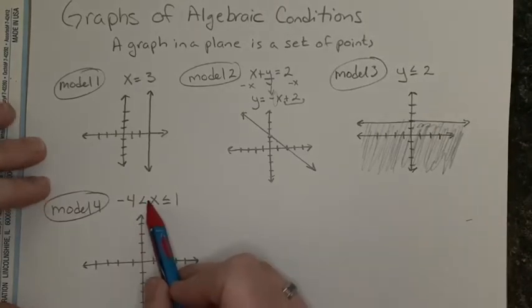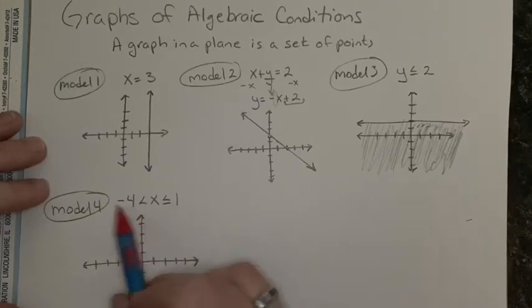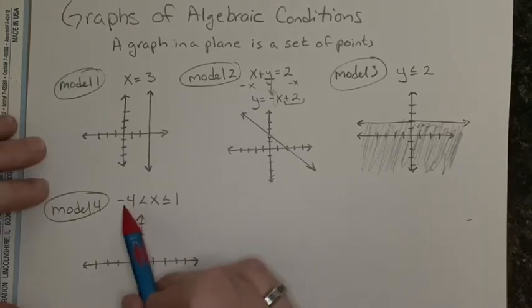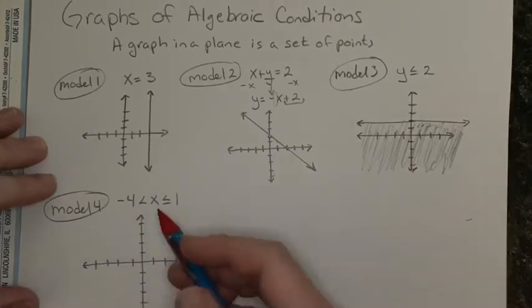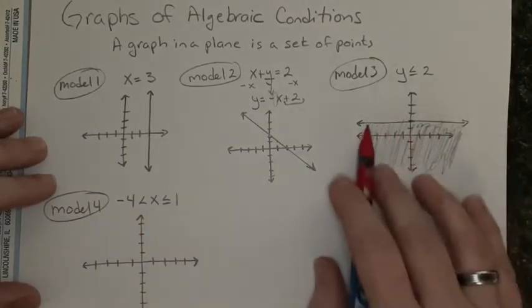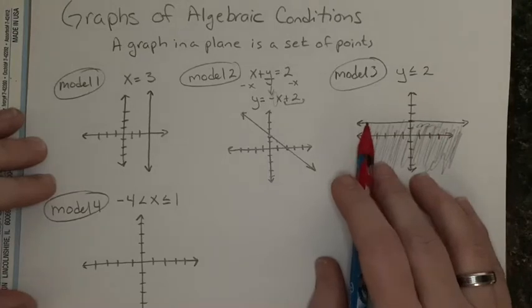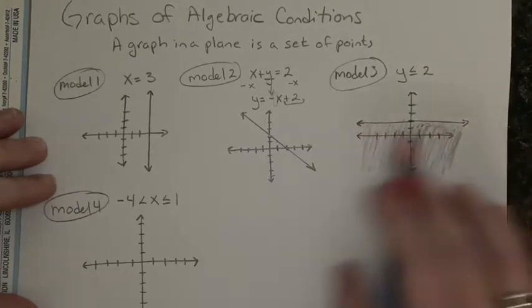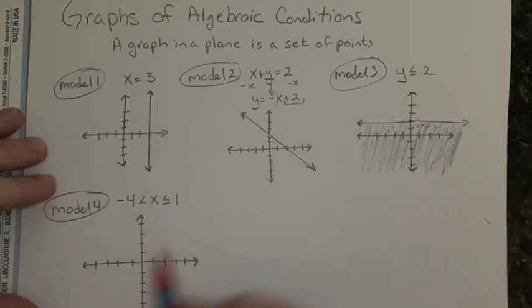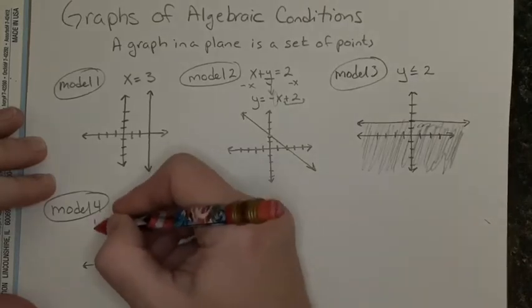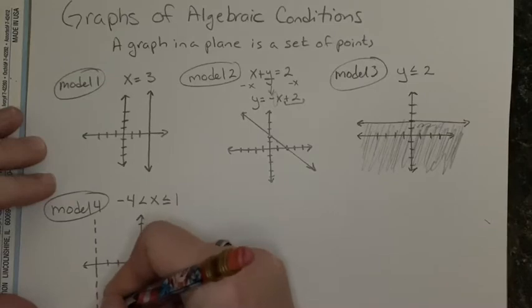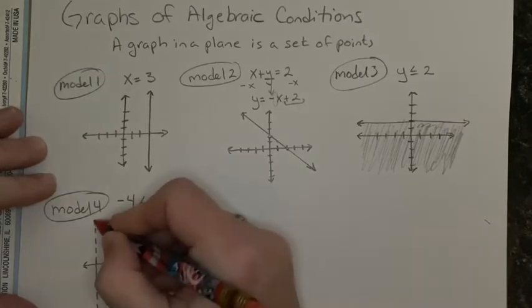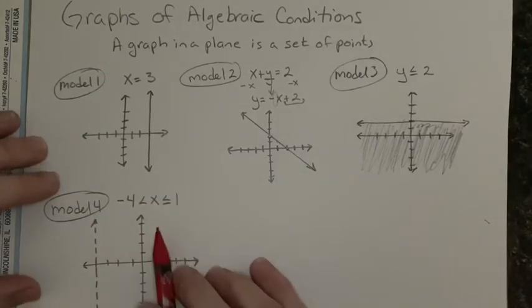But because x is greater than -4, that means it's not equal to -4. So -4 is a boundary line. It isn't part of our solution, unlike here where y was less than or equal to 2. This -4 is not part of our solution. So if you remember from algebra, that means we want to use a dotted line, not a solid line. Solid lines represent that they are part of our solution.